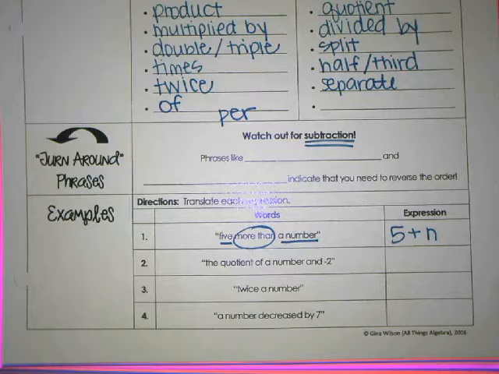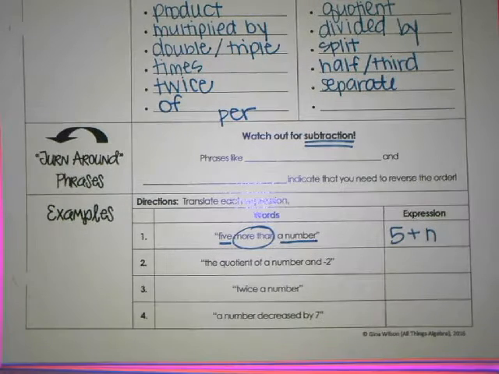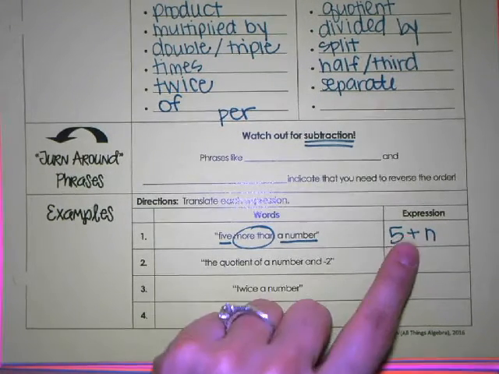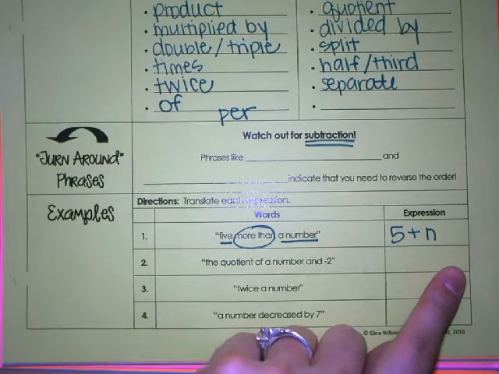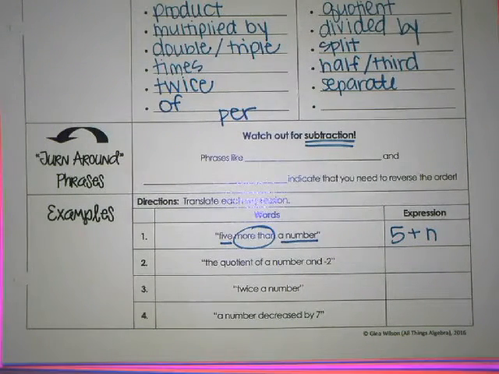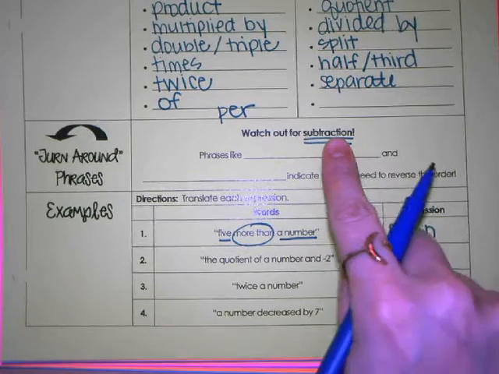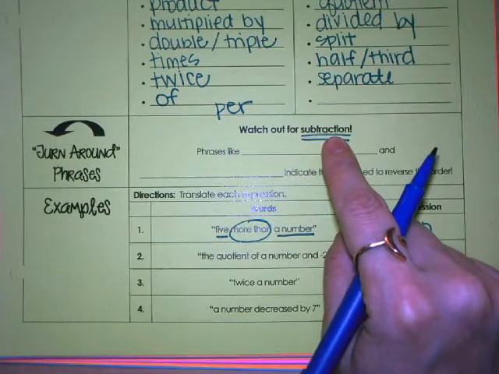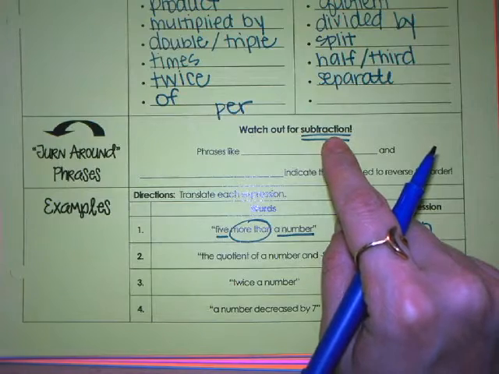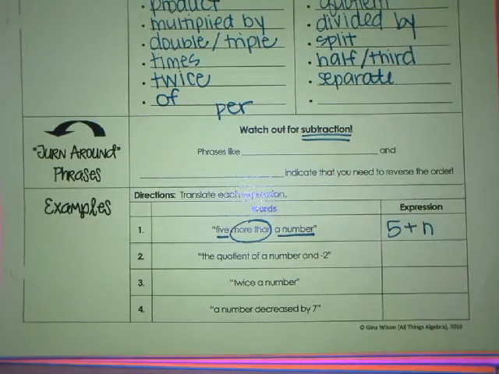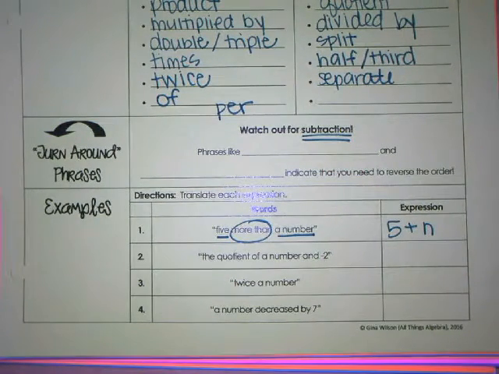Okay, now addition problems, can we write addition problems in any order? Because no matter what, 5 plus n is the exact same thing as n plus 5, isn't it? Yeah, because whatever 5 is, I'm going to get the same answer in the end, aren't I? Subtraction is not that way, is it? So the order matters with subtraction, unlike with addition, correct?